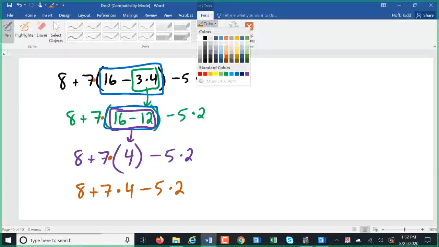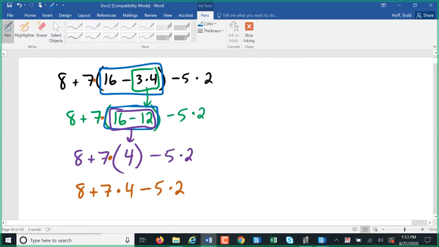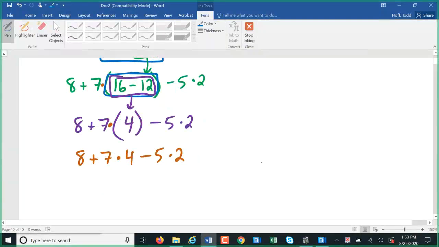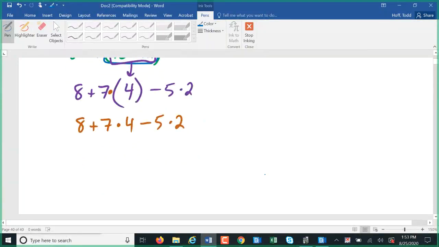Now we can continue. We've finished that enclosing symbol. So now we're going to go back up our levels of priority. There are no more enclosing symbols. There are no exponents. Multiplication and division, we're going to go left to right. So going left to right, we have the 7 times 4, which is 28. So replace 7 times 4 with 28.